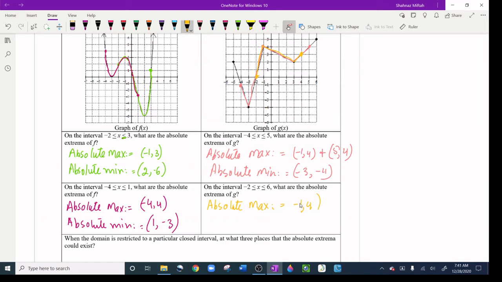Or, -2 to 6. I don't know why I stopped at 4, but it's 6 right here. So the greatest y value is 5, which is 6 and 5. Okay, so that's 6 and a 5. There. And I have the absolute minimum. Minimum is that one, which is -2, 0.